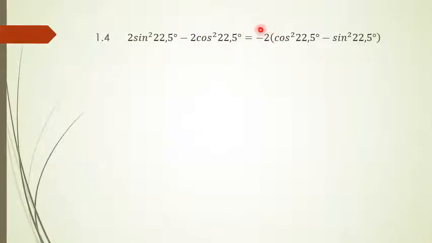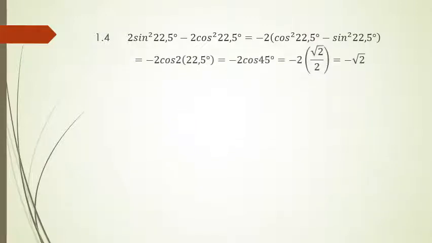So factoring out negative 2, it will make this positive, starting with cos squared 22,5, and it makes this one negative, so that's minus sine squared 22,5 degrees. Now we are able to apply the double angle formula in reverse. So that's our negative 2 here.